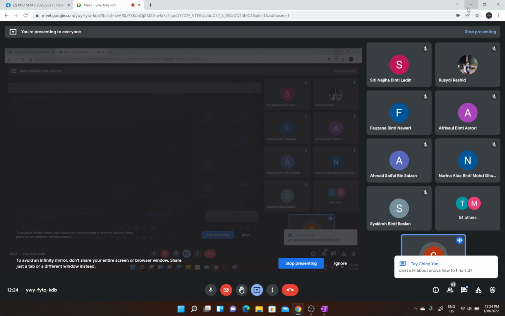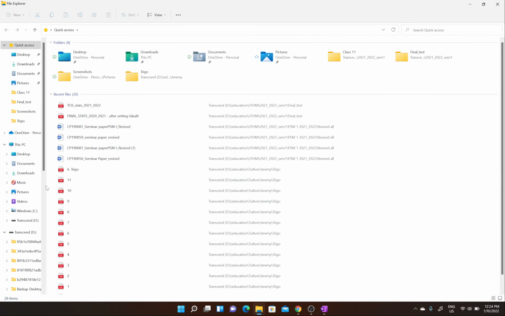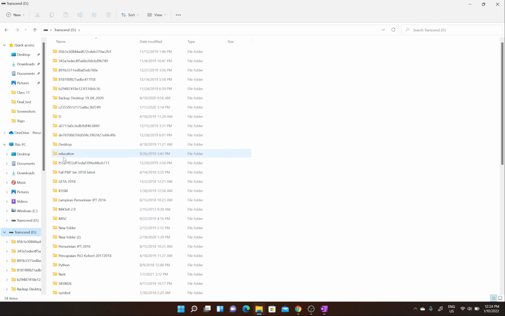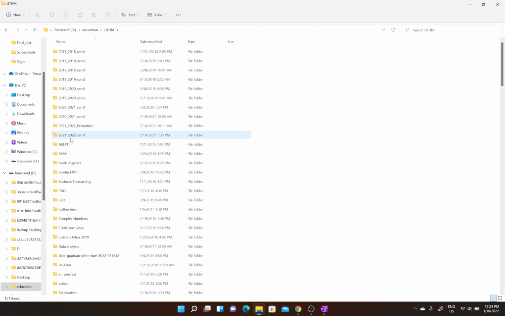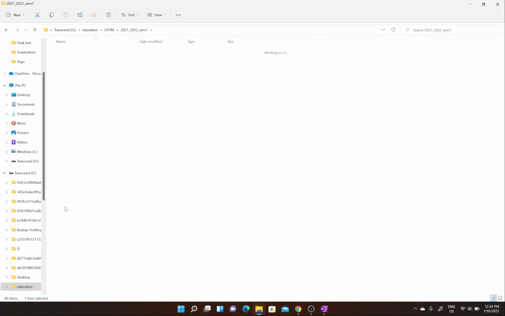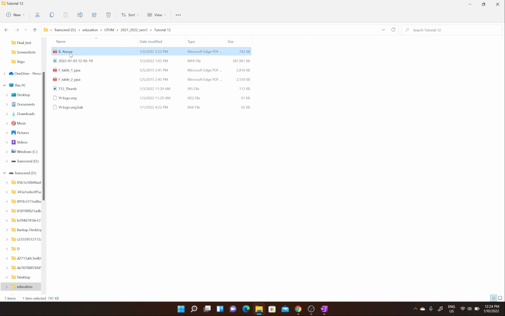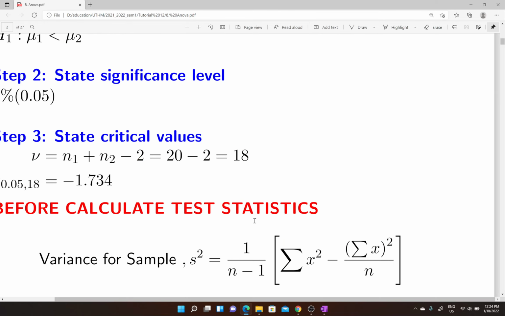Can I ask about ANOVA, how to find SD? Who's this? Tan Ching Yang. You may use standard deviation. You may use this formula.